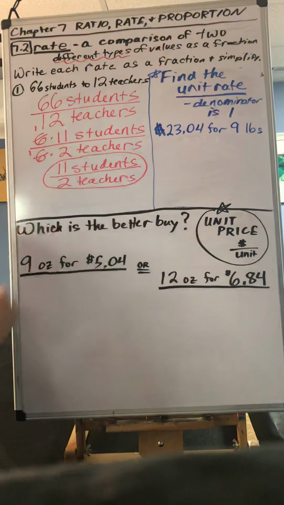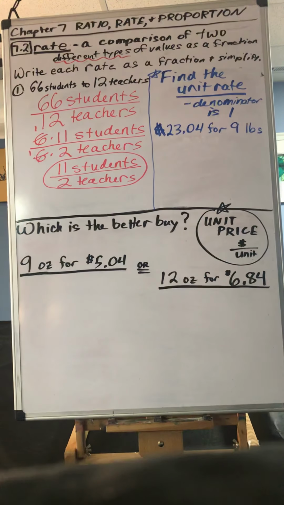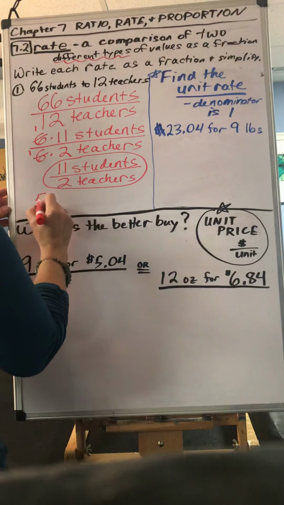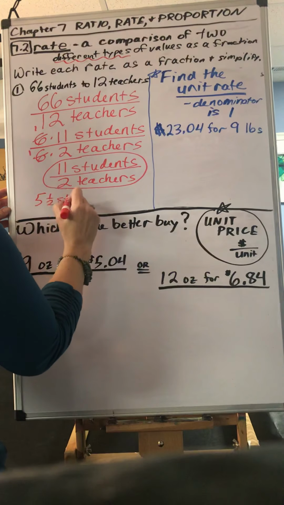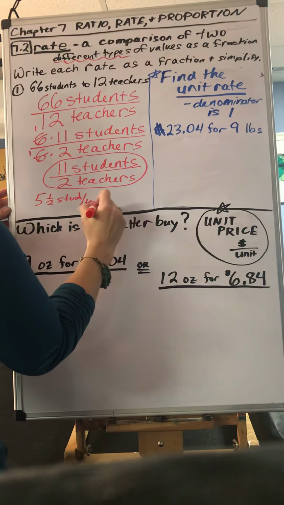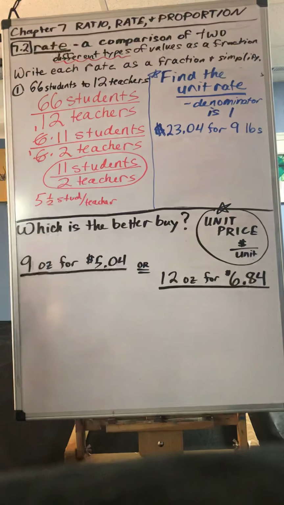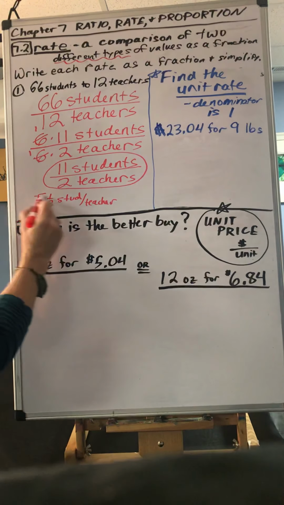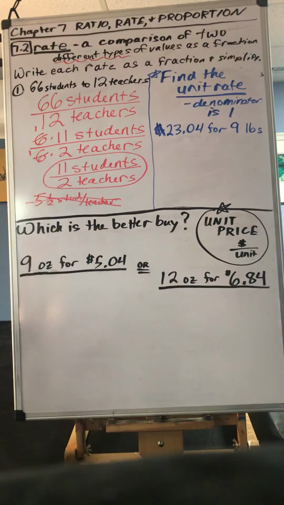Now, if we were to divide 2 into 11, we would get the unit rate, and that would be 5.5 students per teacher. But that doesn't make sense because you can't have half a student. So here's an instance where we would not be looking at the unit rate.